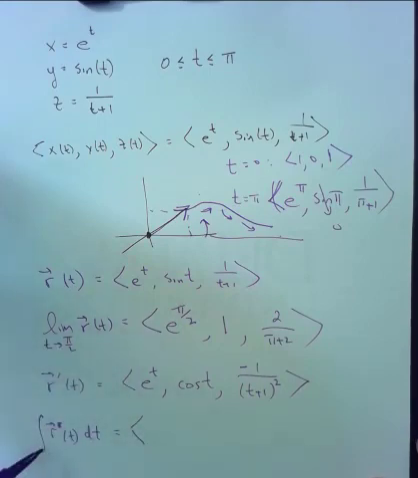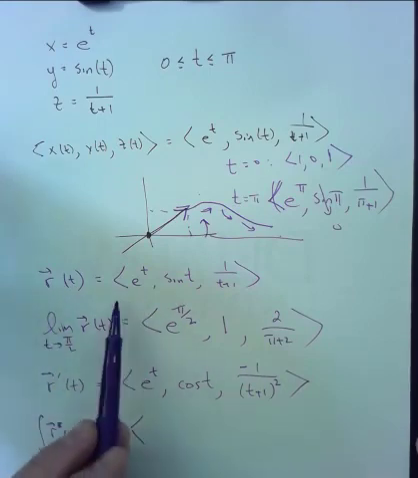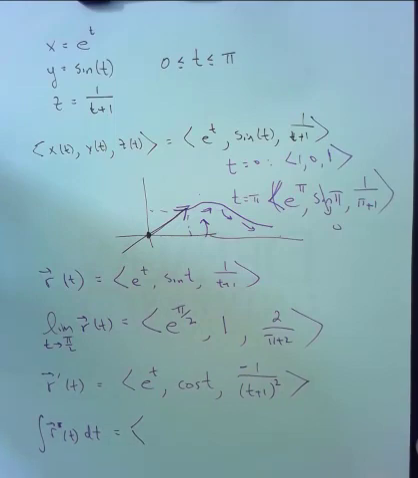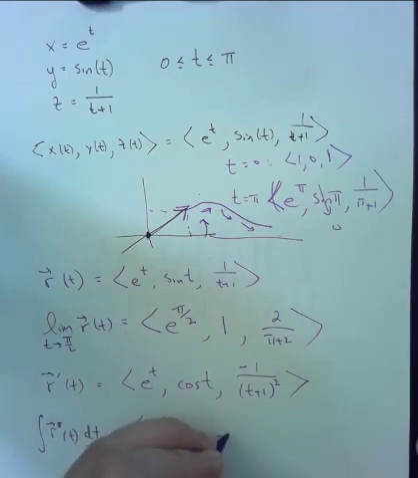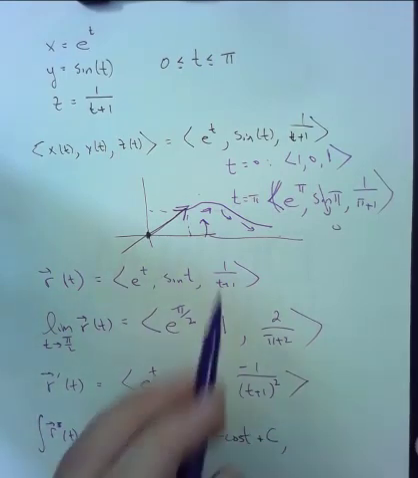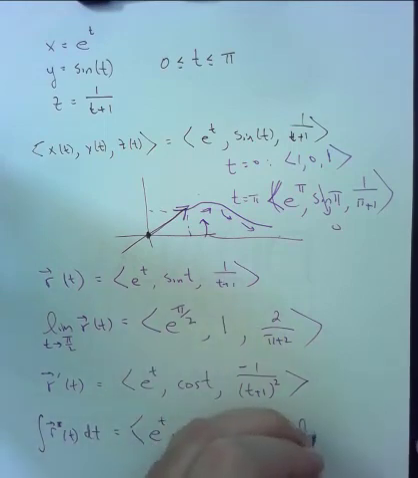The antiderivative of r is going to be the collection of the antiderivatives of the individual functions. So that means e to the t plus an arbitrary constant. The antiderivative of sine t is negative cosine t plus an arbitrary constant. The antiderivative of 1 over t plus 1 is natural log of t plus 1 plus an arbitrary constant.